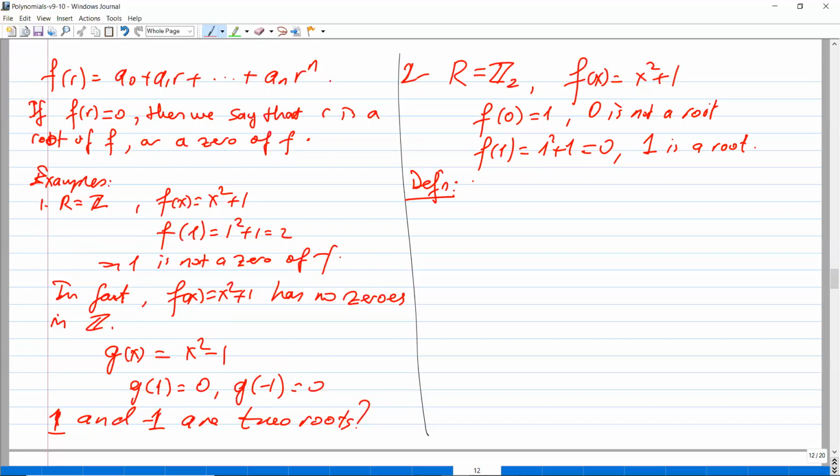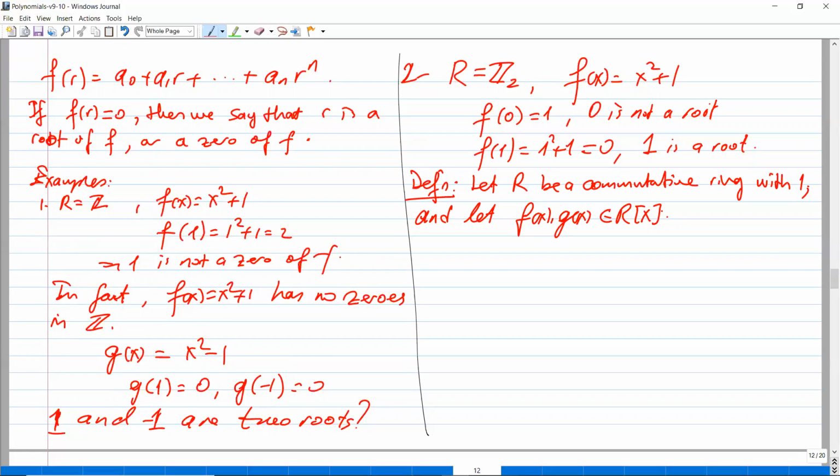Okay. So here's the definition. Let R be a commutative ring with 1, so that it has a multiplicative identity, and let f of x and g of x be two polynomials over R, such that g of x is not 0.